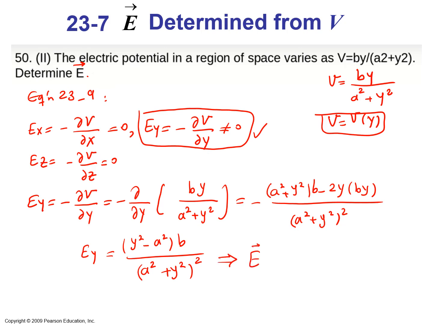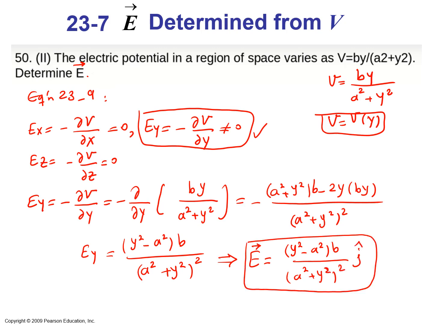So the electric field vector is equal to (y squared minus a squared) times b divided by (a squared plus y squared) squared, j. So the electric field has only a component along the y direction.